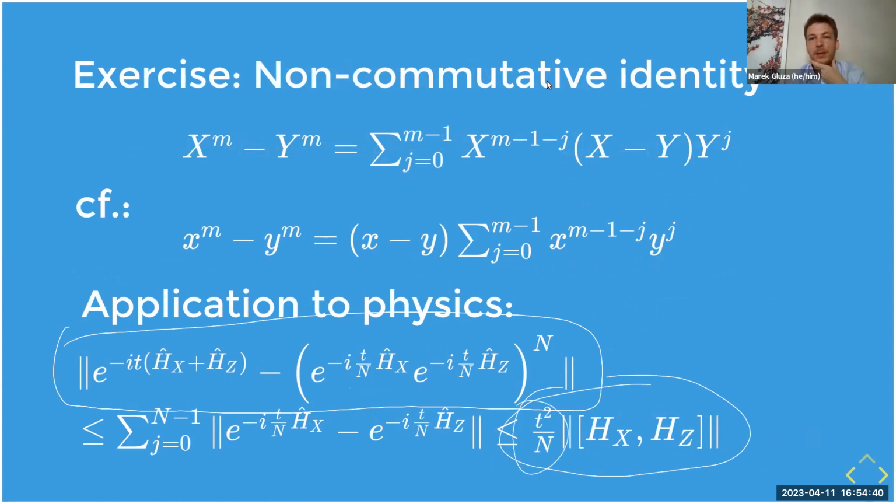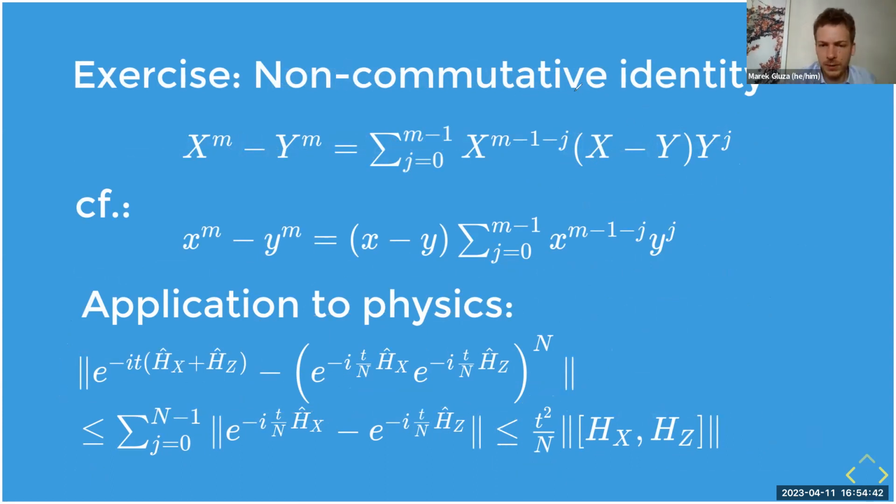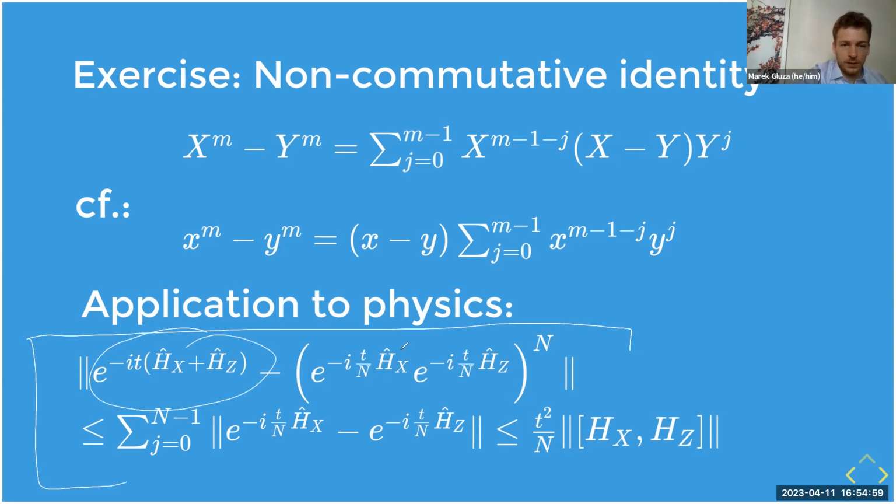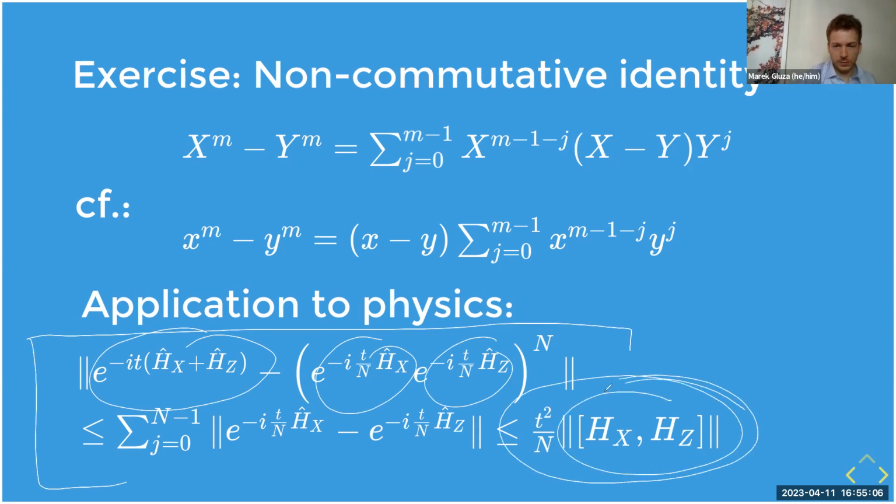And then maybe next week I will explain more about how this is pointwise convergence, because there's a scaling in T. So if this T is coming in here, we need to always increase N and so on. So maybe this I will do next week. But the fundamental bound here is saying that the difference between doing this and splitting the evolutions and applying them in small portions is that the error will be at most a measure of how non-commutative those Hamiltonians here are. Okay, too many errors here, but okay.